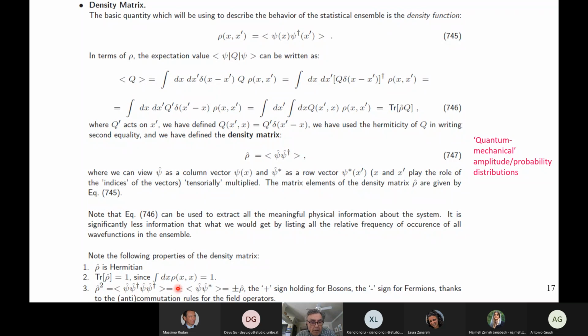Taking the square of this object, I obtain the same object with a plus or minus sign, depending on whether flipping the position of two electrons gives me a symmetric wave function, which is plus, or an antisymmetric object, which is what we have for fermions. So the density matrix contains Pauli's principle, or the spin-statistics theorem already, because the canonical commutation or anti-commutation rules are implied as being obeyed by these field operators.